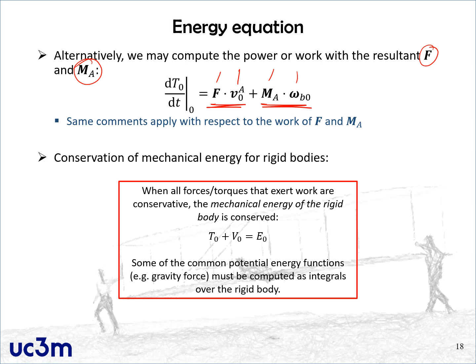When all the forces and torques that exert a positive or negative work, in other words, a non-zero work on the rigid body are conservative, then the mechanical energy of the rigid body will be conserved. And this mechanical energy is defined as the sum of the kinetic energy of the rigid body plus the potential energy function associated to the conservative forces and torques.